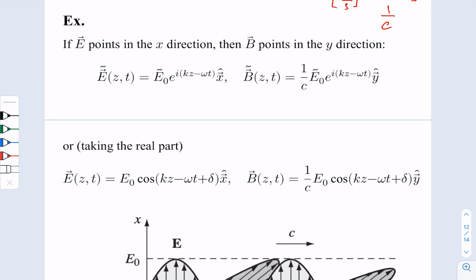Now, in reality, we are looking at the real part of these complex functions. So we take the real part, which gives us E naught times cosine of (kz minus omega t plus delta). Remember that E tilde is E naught times e to the i delta, and we have to bring this delta back here.